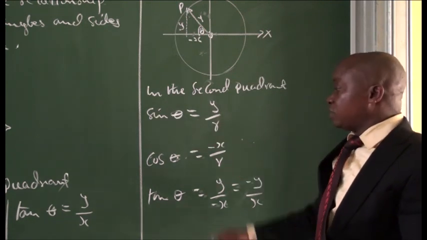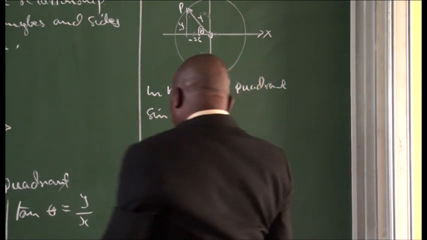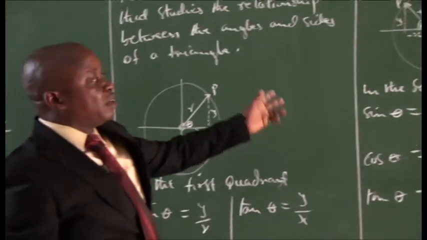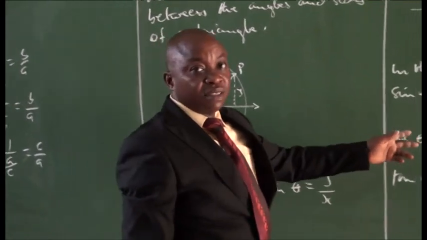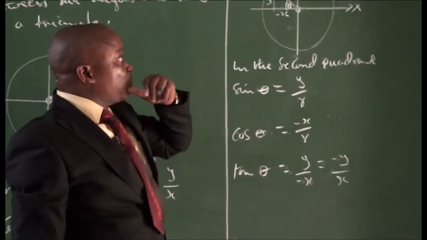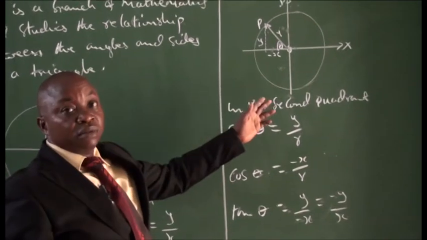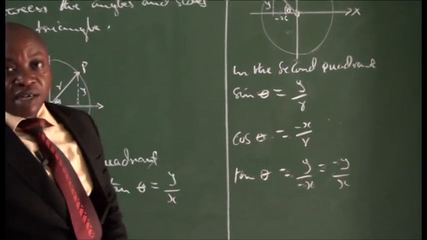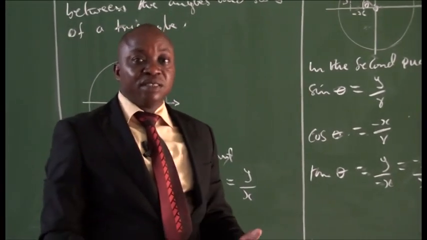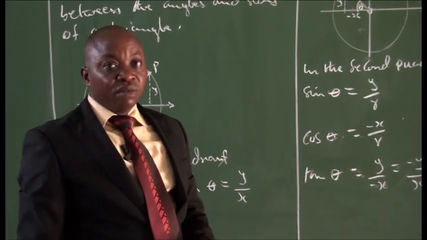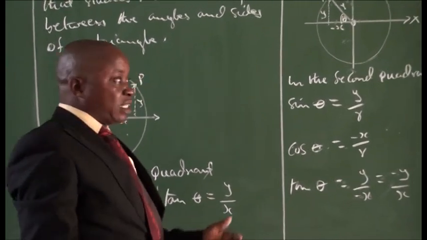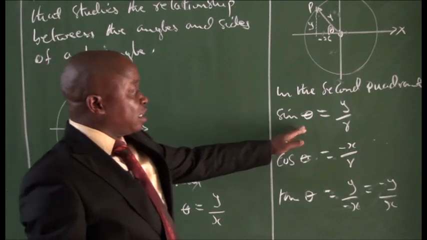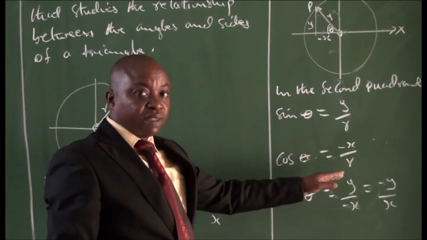Only sine is positive. So we will then define angle in the second quadrant, which is above 90 degrees. That is above acute angle. What we are talking about here is obtuse angle. Angle that is above 90 degrees, but less than 180 degrees. That is between 90 and 180 degrees. It is only sine that is positive there.